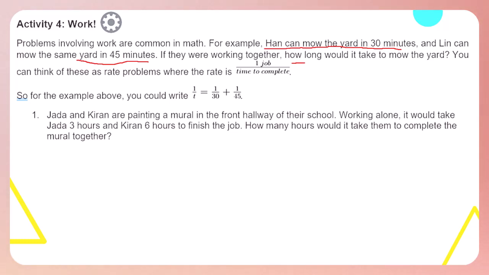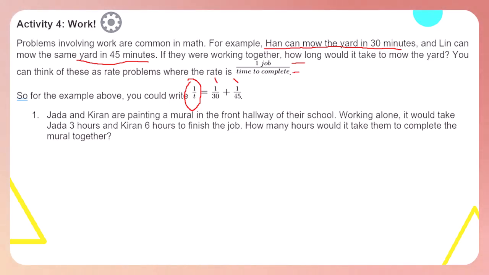So we're going to take each of those ratios. Han can mow the yard in 30 minutes, so he has 1 yard in 30 minutes right here. And then Lynn is 1 yard in 45 minutes. So we're going to add those two together. Our new ratio, 1 over the time, is going to be 1 over 30 plus 1 over 45.